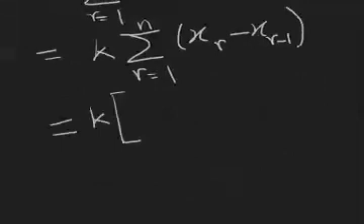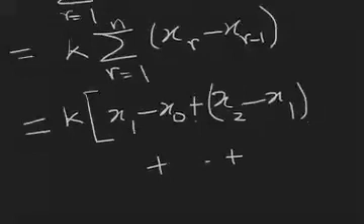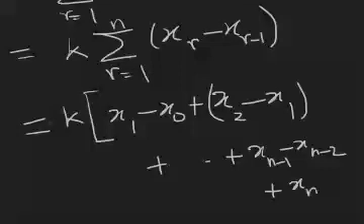The first term is x1 minus x0, the second term is x2 minus x1, the term before the last term is x sub n minus 1 minus x sub n minus 2, and the last term is x n minus x n minus 1.